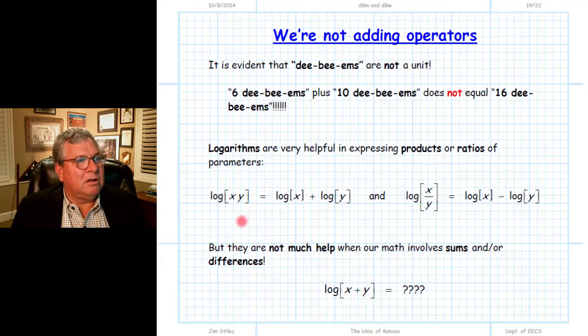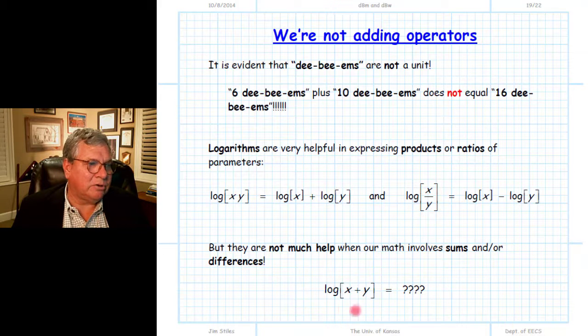Now, log operators are very helpful when we are expressing values which are products or ratios. For example, log of x times y is the log of x plus the log of y. Or the log of x divided by y is the log of x minus the log of y.